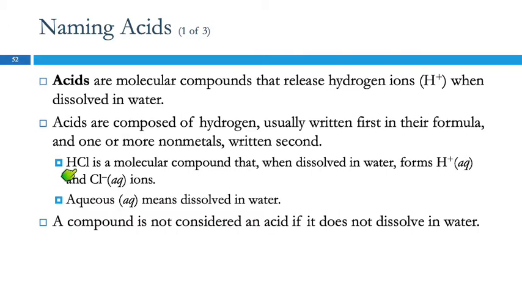So HCl is a molecular compound, and it would be named hydrogen monochloride. It's a gas in its pure form. But when dissolved in water, it forms hydrogen ions and chloride ions. And this AQ in parentheses means dissolved in water.